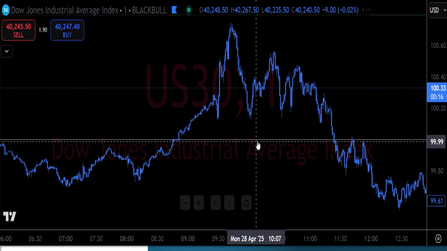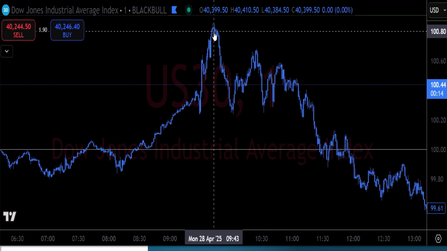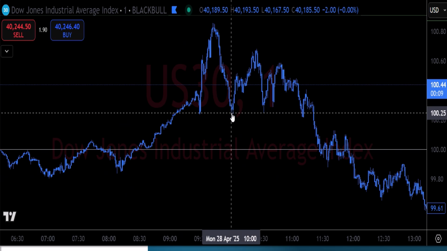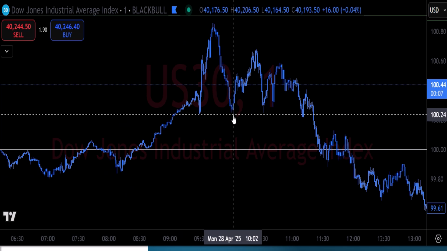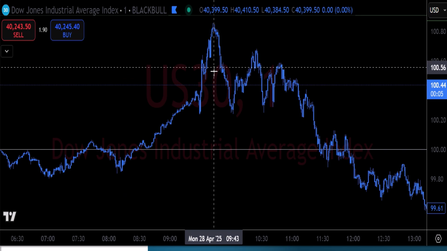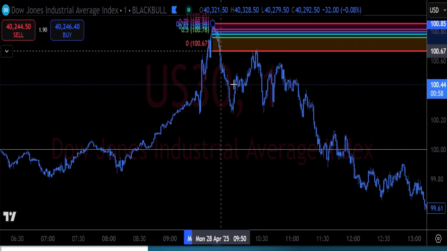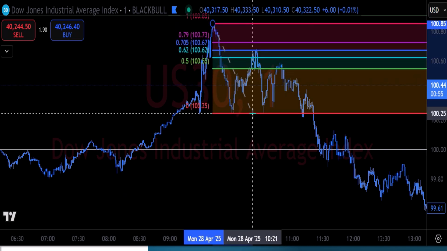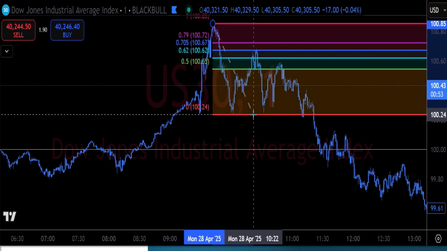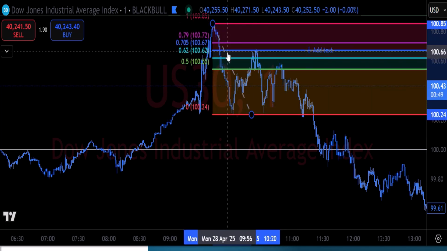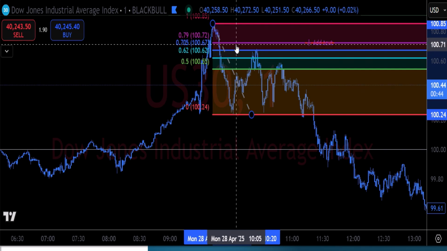The move from the run on liquidity here to here, I dropped my Fibonacci on there. Let me pull it up for you. All right, there we go. So from here to here, we also have a retracement back into the 62% on MetaTrader, and I do like using MetaTrader. It was actually the 70%.